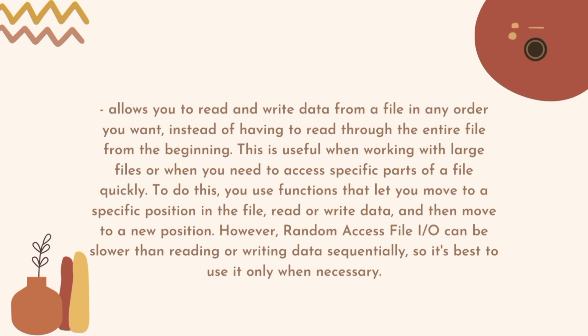To do this, use functions that let you move to a specific position in the file, read or write data, and then move to a new position. However, random access file input and output can be slower than reading or writing data sequentially, so it's best to use it only when necessary.